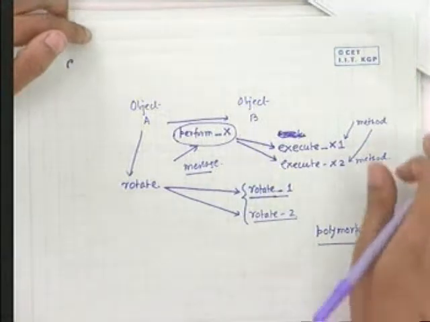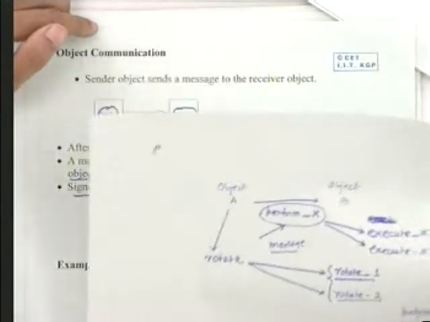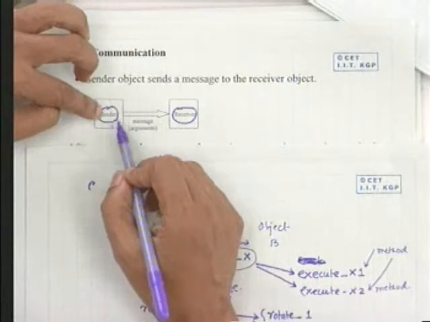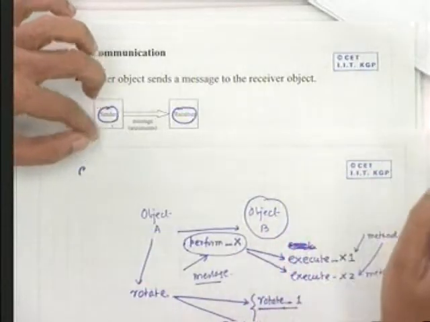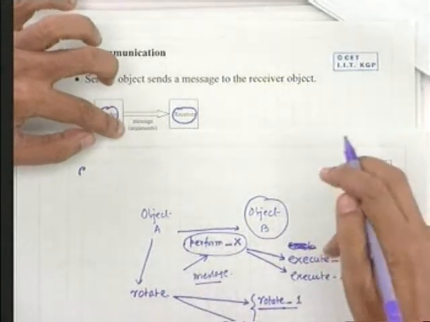So whenever a sender sends a message, it identifies the message by a given name with a set of parameters and the target object to which it wants the message communicated. The target object, in this example B, on receiving the message perform X, has the option of executing different methods, which may follow different algorithms for implementation.